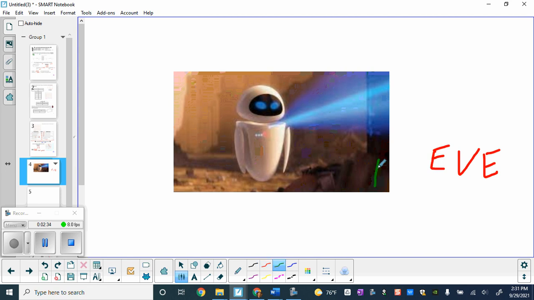If she does find a little plant, she turns into a pod, collects the green plant, and the green plant lives in her, and then she goes back up into a spaceship, and that's us trying to see if there's still plant life on Earth. If you've never seen the movie, oh my gosh, WALL-E is so good. But I wanted to call your attention to this blue scanner thing that comes out of Eve, and she scans everywhere for plant life.